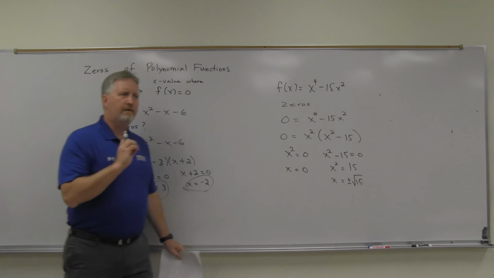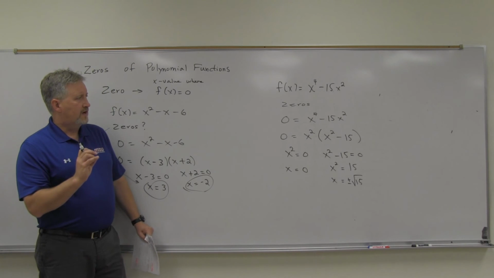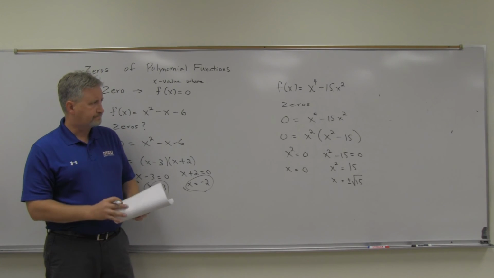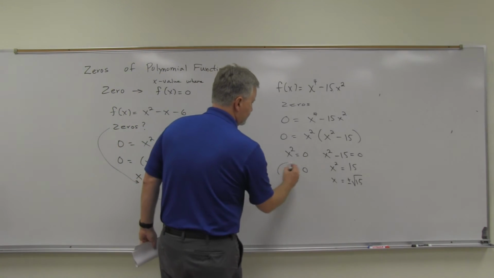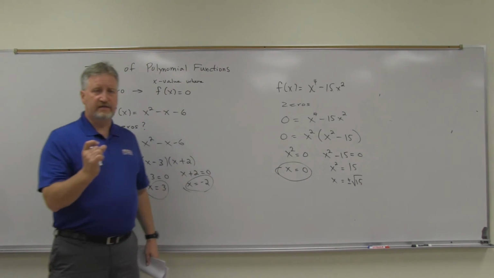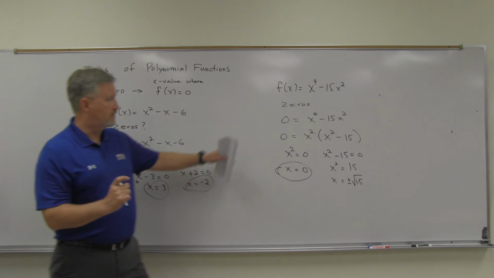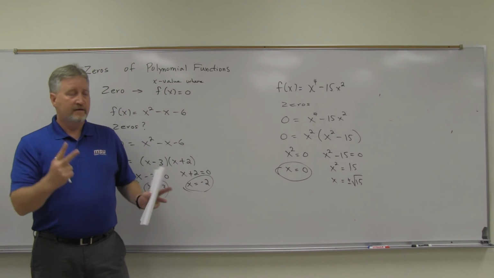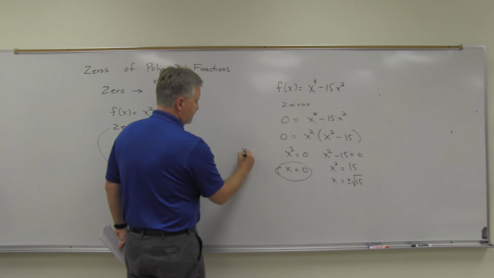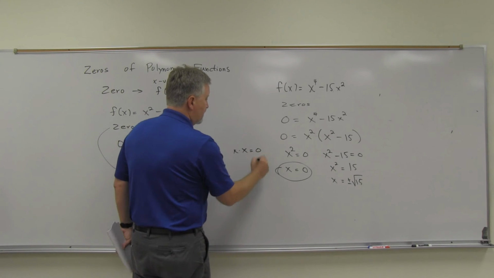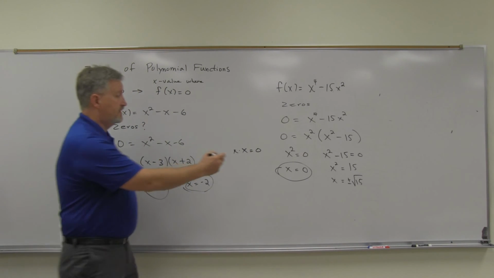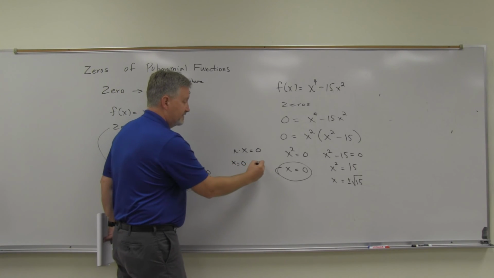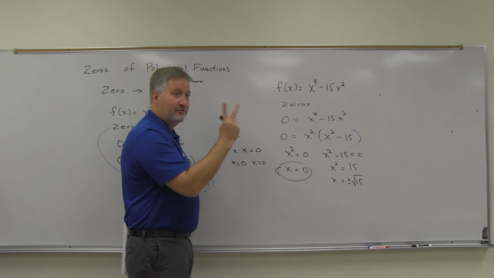But the main thing I wanted to mention on this one is this 0 right here, because technically that 0 occurs twice, doesn't it? Because it's x squared equals 0. You can think of it as the square root of 0, or you can think of it as x squared, so it's x times x, and if I set both of those equal to 0, there's two of those.